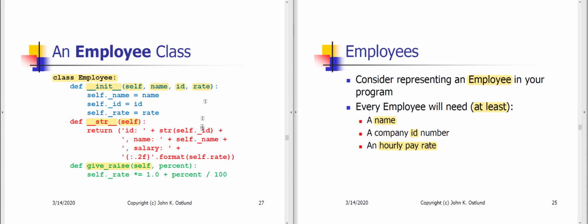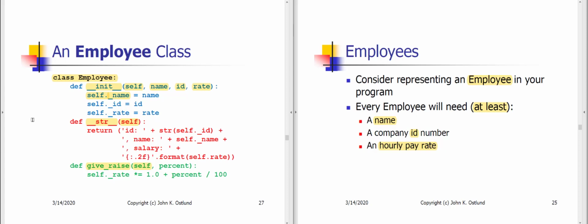Name, ID, and rate come in as three argument values. Notice that we're using underscore name as the variable into which the name value is going to be stored, and that underscore name variable is within the current object itself.